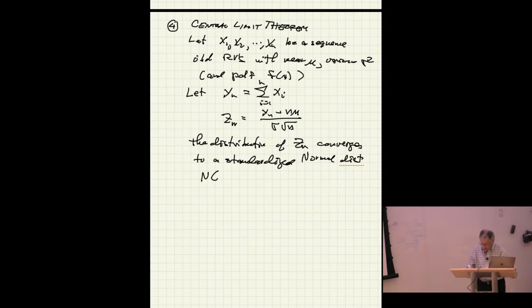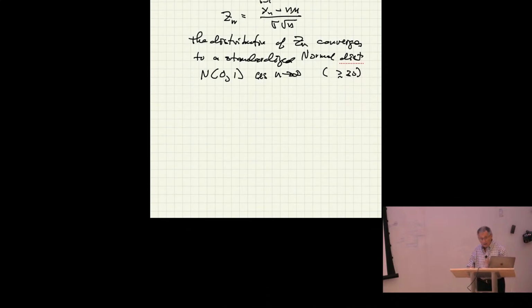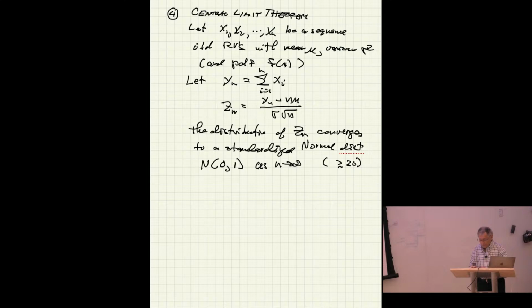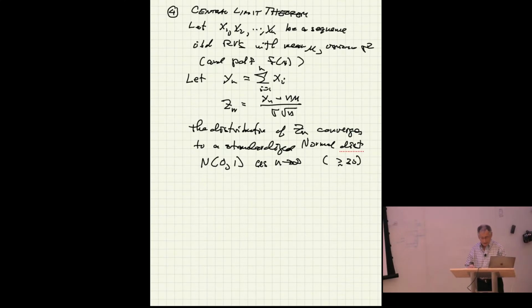It's called n of 0 and 1 because I subtracted off the mean, so it's going to the mean, and the variance will go to 0. This is as n goes to infinity. And typically, you don't need more than on the order of 30 or so. N can be on the order of 30, and you're really there very quickly. You don't need 1,000. 2 is not enough. 30, a number like that usually does it.